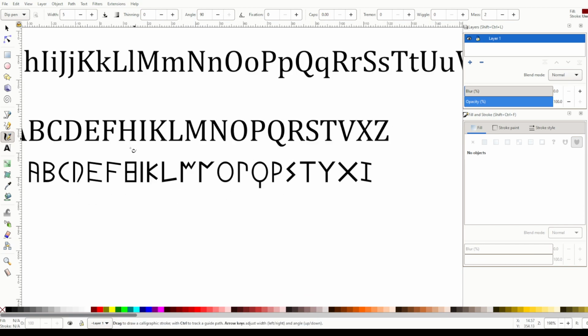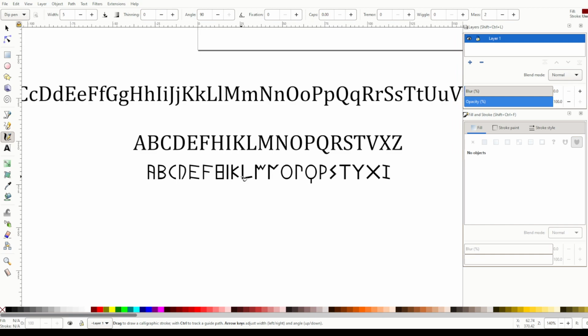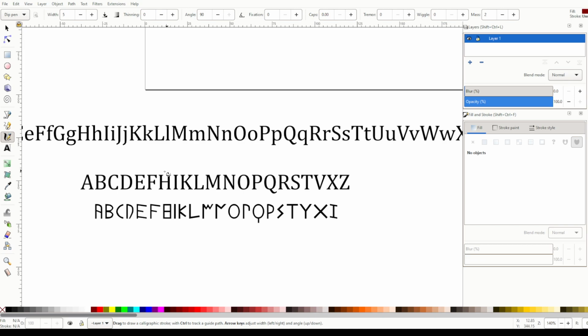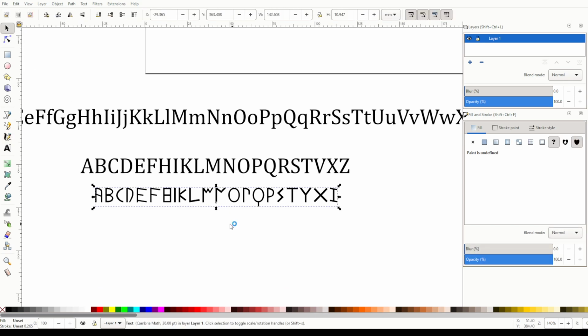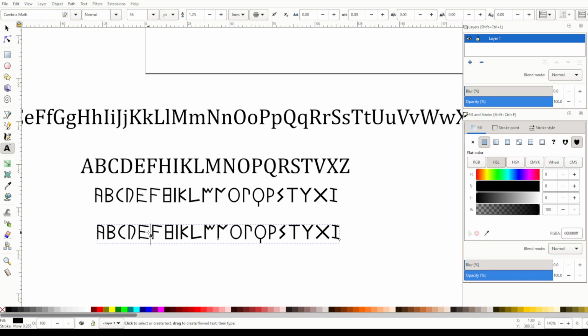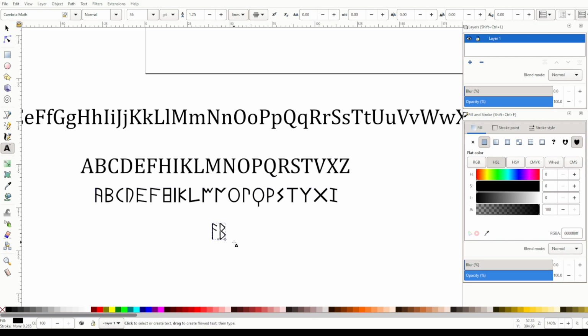And already this is looking a lot more like the Futhark, the runes. If I get my runic keyboard, and I think it might be Old English, so it might not. This looks correct.